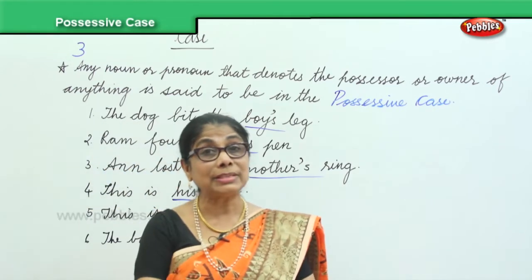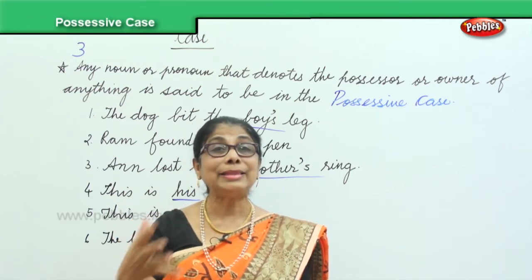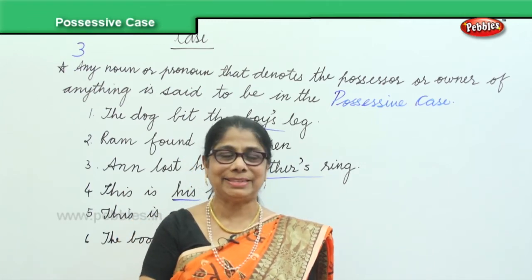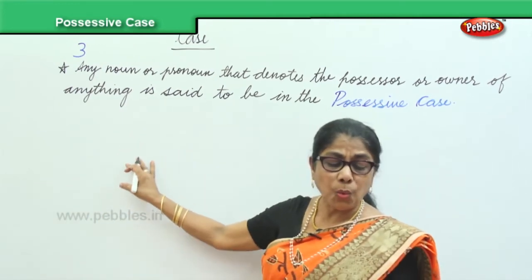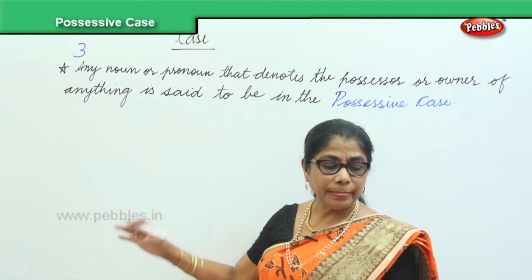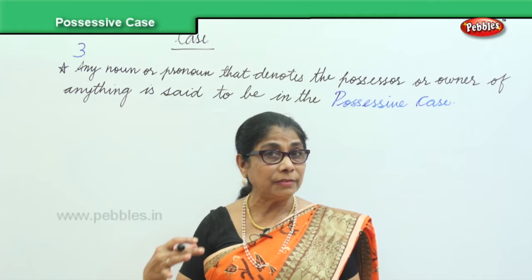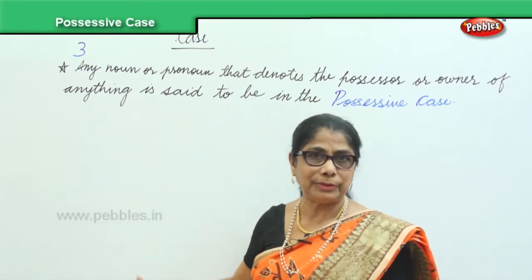We will do some more sentences to understand the possessive case better. Now I'll give you how we form the possessive case. Okay? The different ways of forming. There are 3 different ways of forming the possessive case.